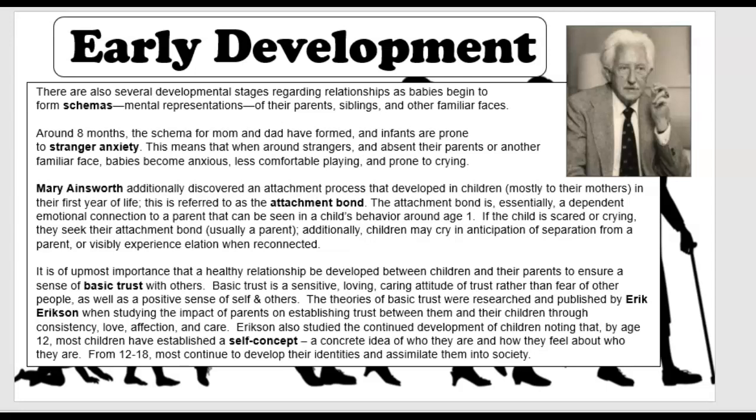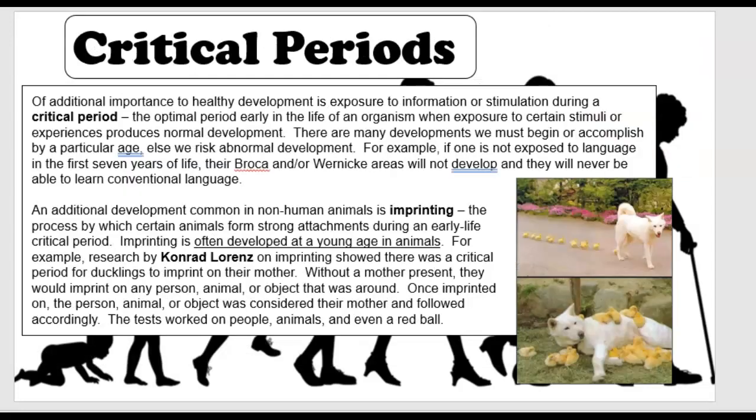Okay? And then we have our critical periods. So this goes directly along with the previous slide here with that connection. So healthy development is exposure to information and stimulus during a critical period. This is the optimal period early in life of an organism when exposure to certain stimuli or experiences produces normal development. So there are certain things that should happen by certain ages.